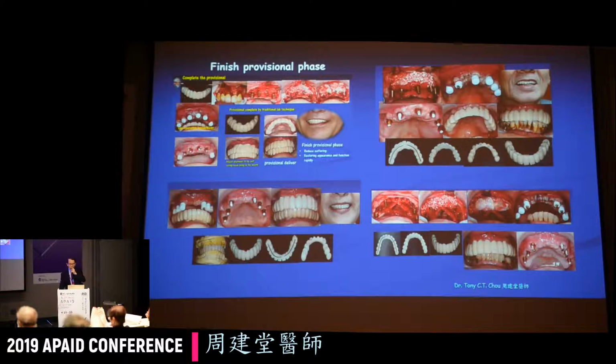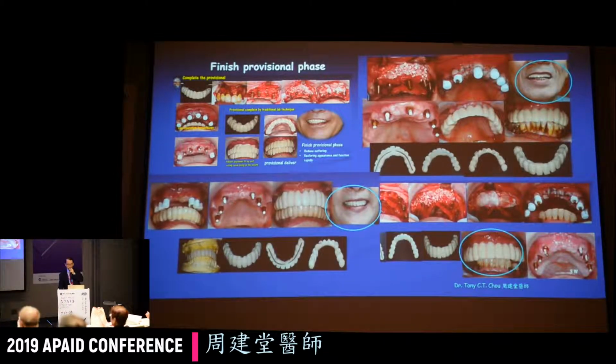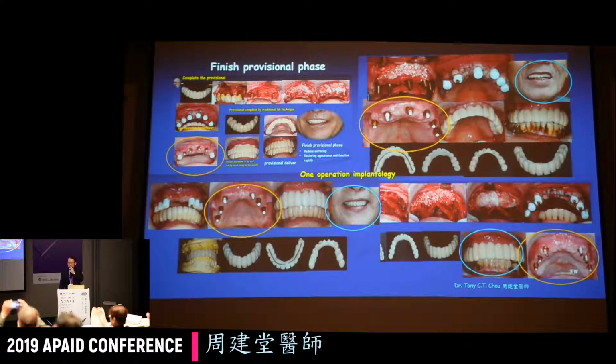In the other cases that I showed you in the surgical phase, after a short period of time, now we finish the provisional phase, and the patient restores his appearance and function, and we have good implant site healing. So this is the one operation implantology of my way. I have done this for over 20 years.